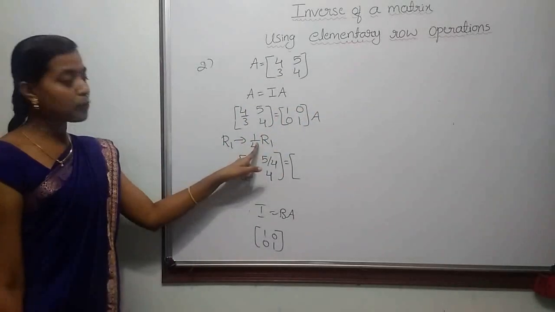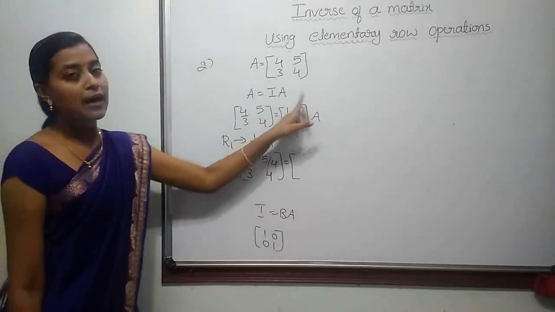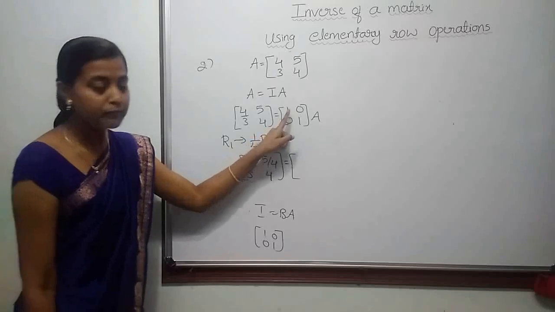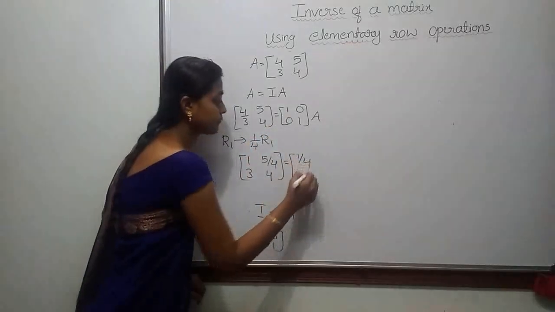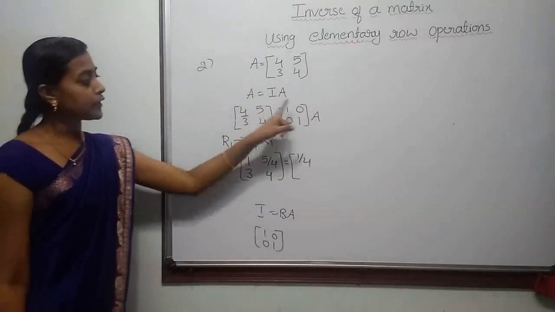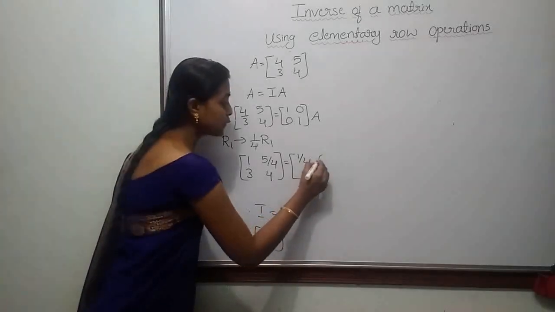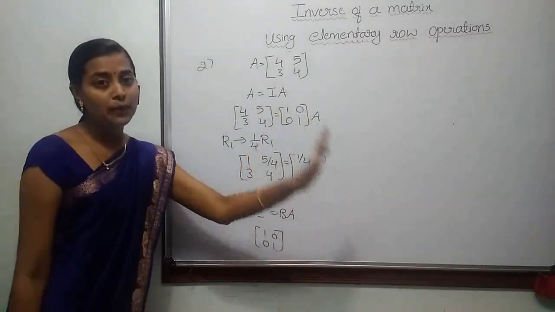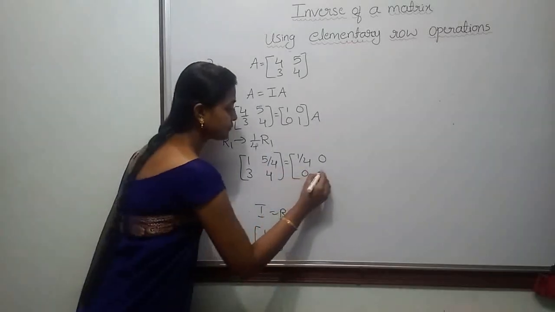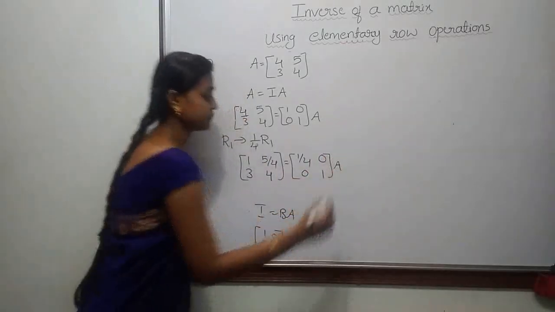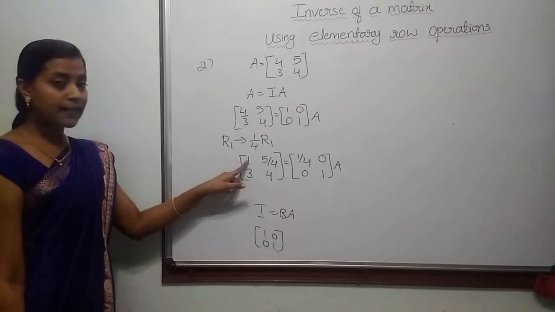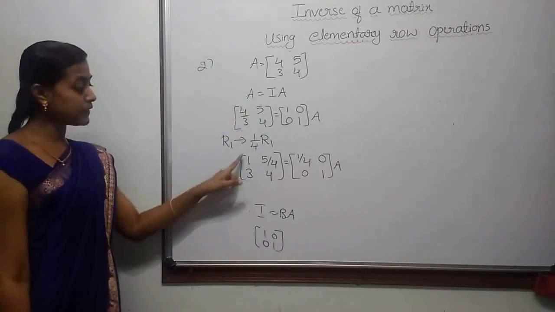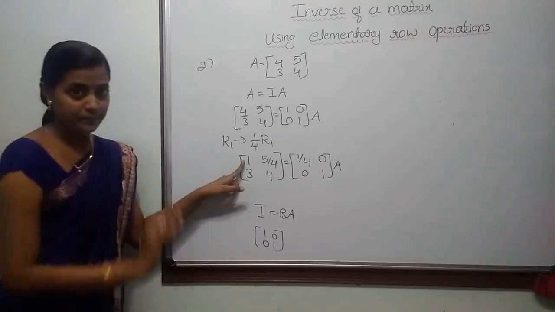Multiply 1 by 4 to the first row of the RHS. 1 by 4 into 1 is 1 by 4. 1 by 4 into 0 is 0. And I will write the elements of the second row as they are. To make this element 1, multiply the first row by the reciprocal of the first element. We have completed the first step.